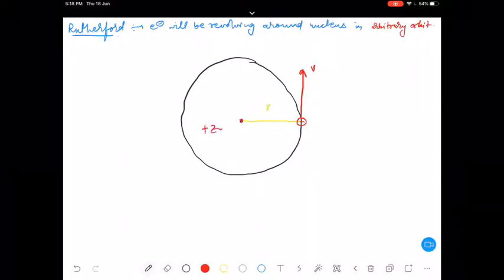The charge present on the electron is minus e, right? So here there are some forces acting on this electron.